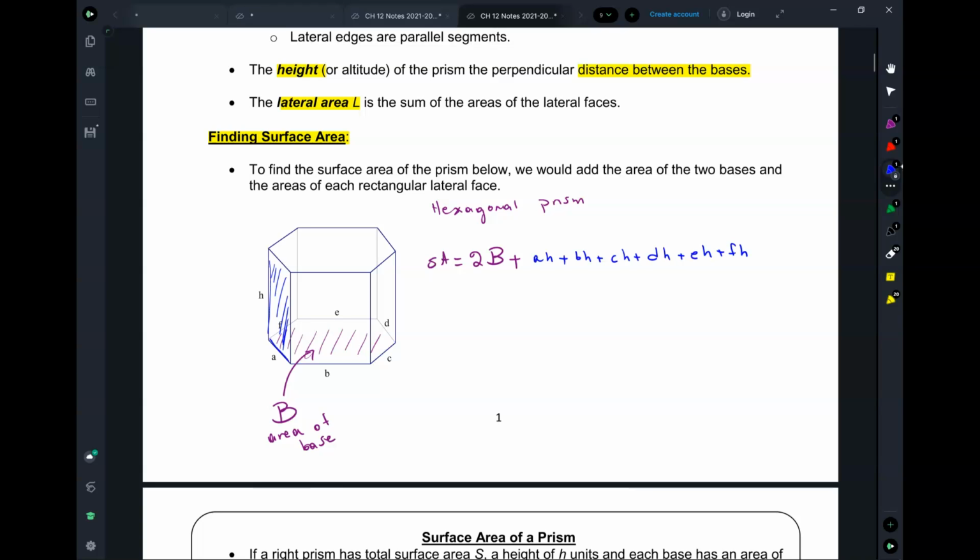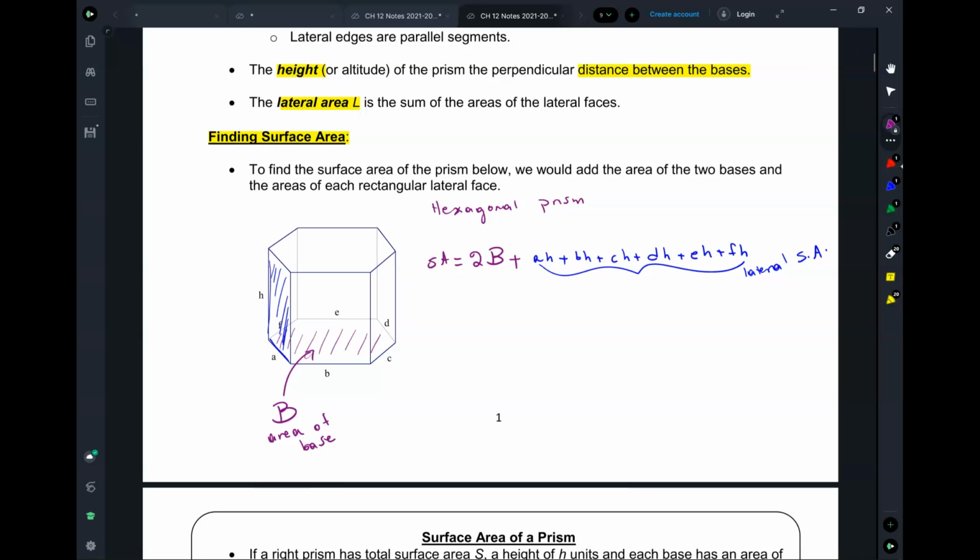Okay? This, you know how these were the lateral edges? This is the lateral surface area. Okay? That's called the lateral surface area, just the sides.